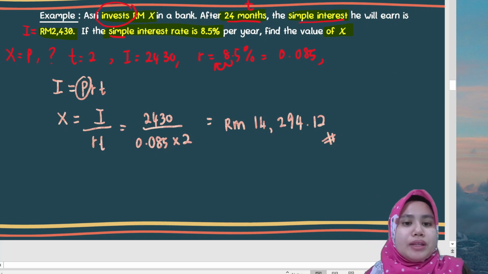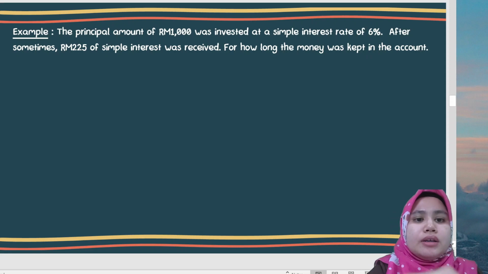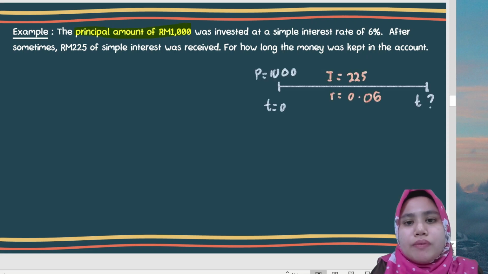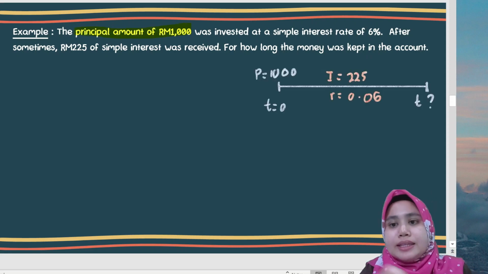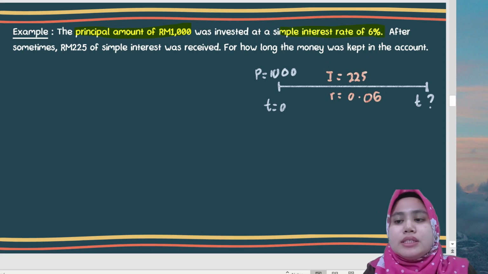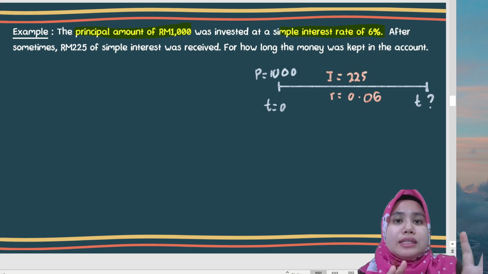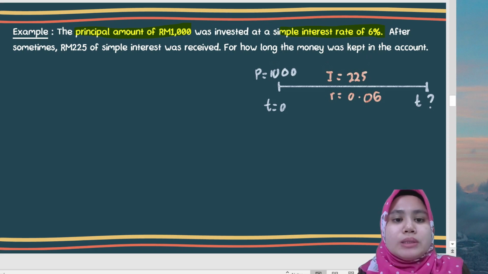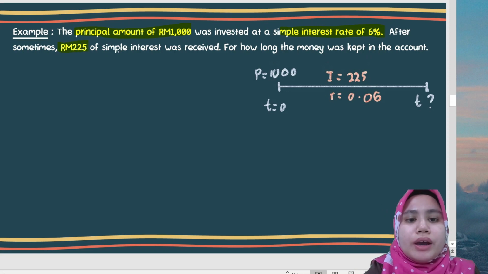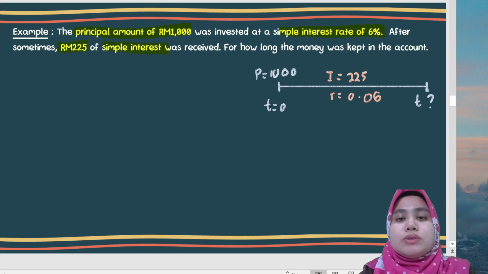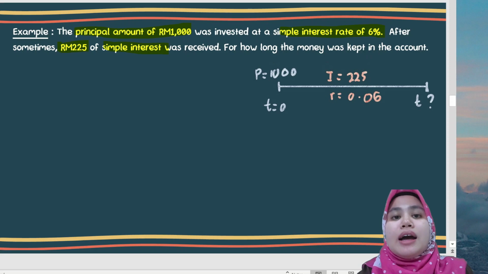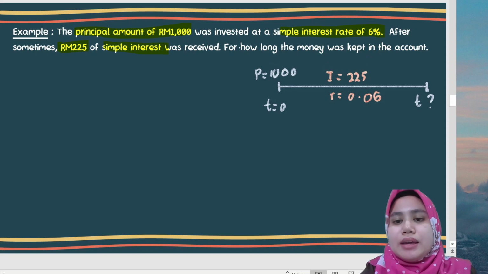Next example. The principal amount of 1,000 was invested at a simple interest rate of 6%. After some time, sometimes the question doesn't mention the specific time, 225 in simple interest was received. For how long was the money kept in the account?